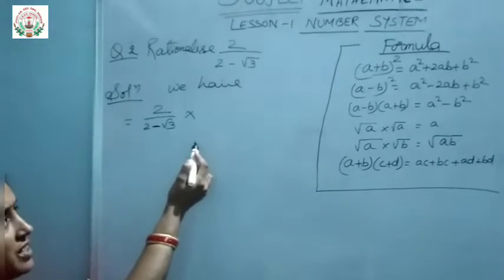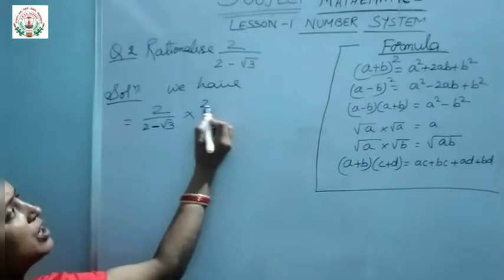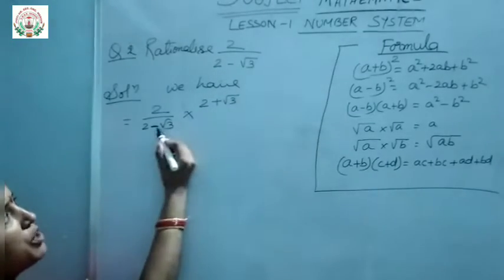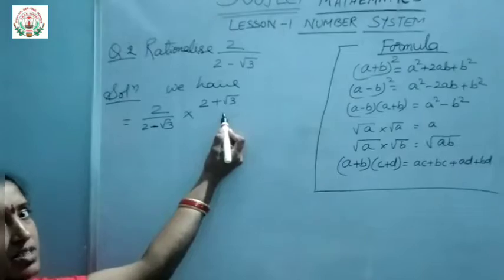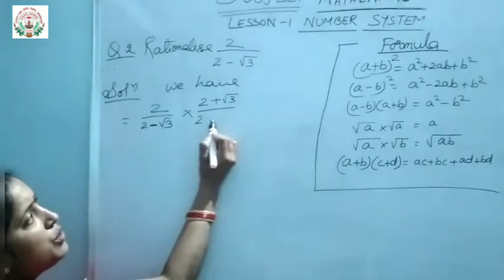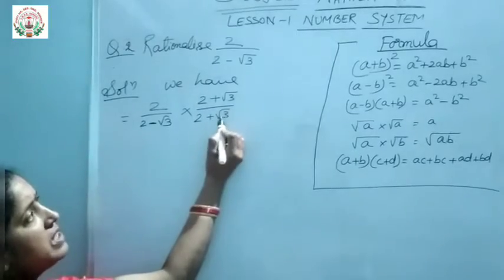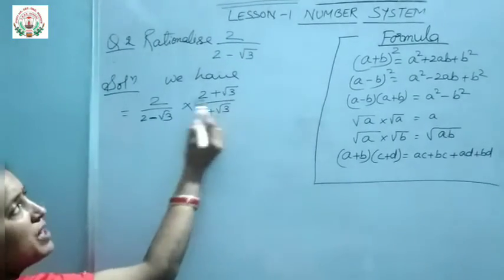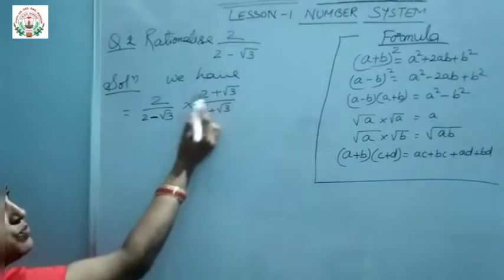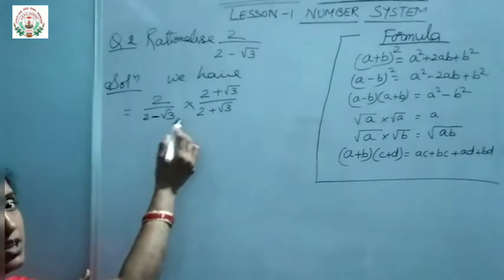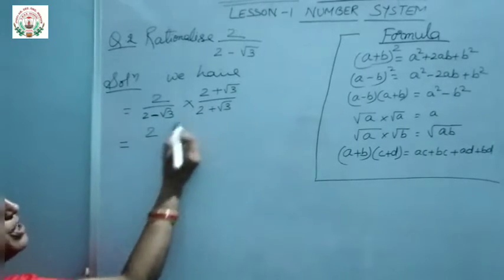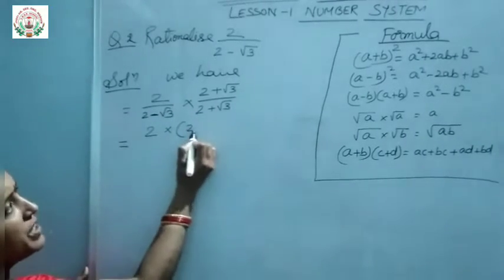Now 2 plus root 3. Now you can see what we are multiplying: only the sign is changed, the number is same. Now in the denominator again 2 plus root 3. Same values we are multiplying to the numerator and to the denominator. So this method is called rationalization. Now see, numerator into numerator, so write the numerator as it is.